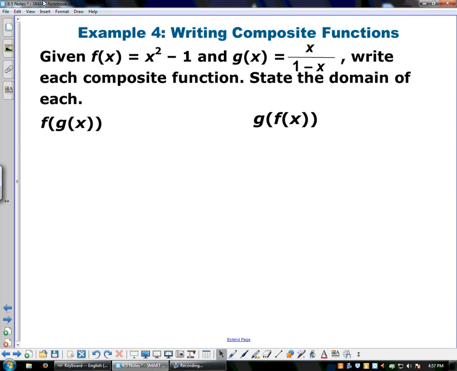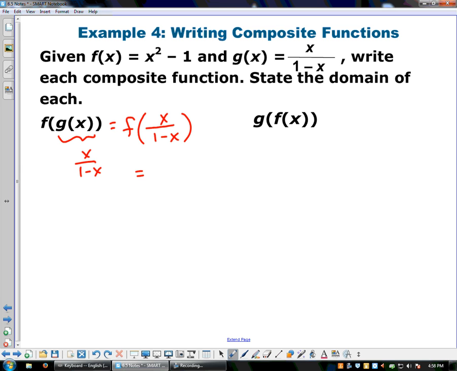So given that f of x equals x squared minus 1 and g of x equals x divided by 1 minus x, write each composite function and then state the domain of each. So if we want to write f of g of x, we want to write f of, well, what is g? G of x is x over 1 minus x, so we're plugging in x over 1 minus x into the f function.